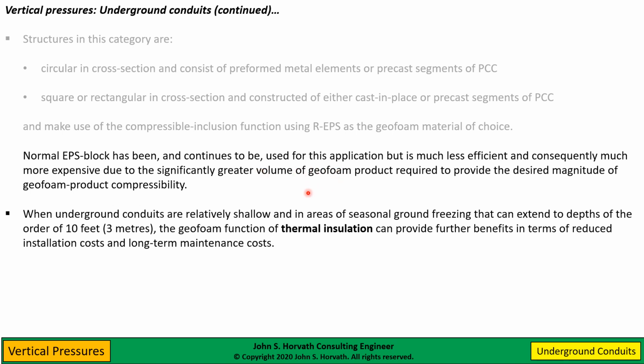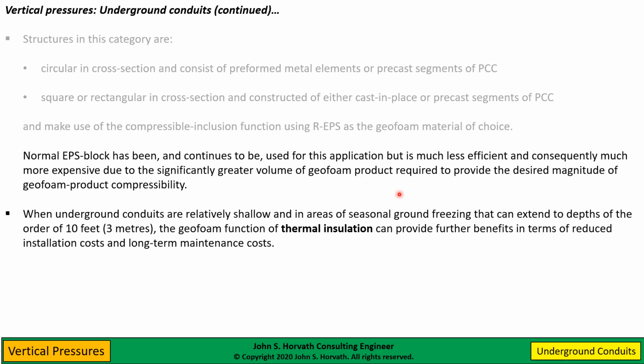We can tweak or enhance this a little bit if you are in an area with significant seasonal ground freezing. A lot of times underground conduits are relatively shallow. When you have a pressure conduit, such as a water main, that's operating under pressure, it does not inherently need to be at a great depth. If you have a gravity sewer, you may have to have a fairly significant depth to achieve the gradients that you want.